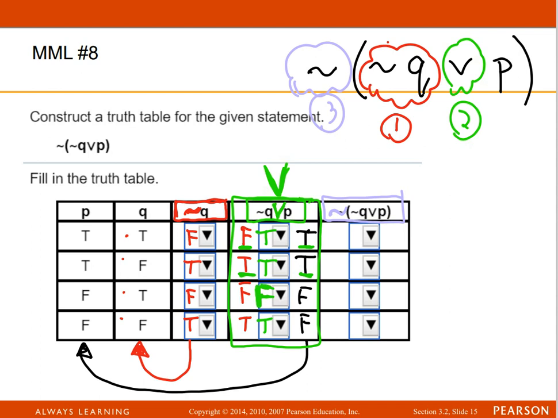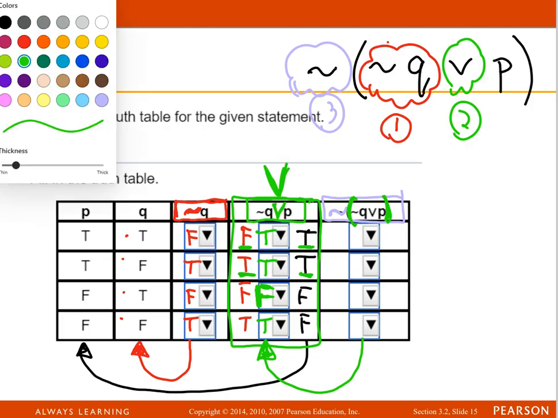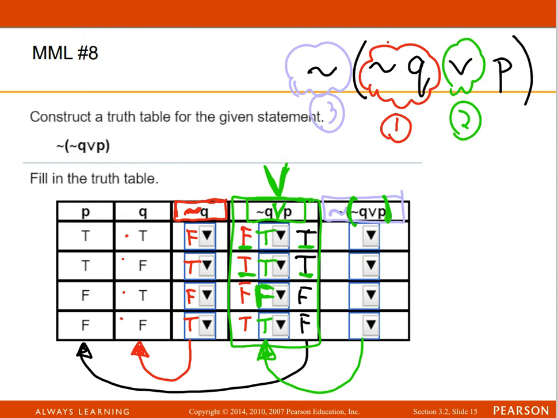And now, the last thing we're going to do is negate what I just did in the green right here, because you've got a negation of the negation of Q or P. And so that is this result in green. So I'm actually just going to look at this green column and then negate it with the purple to get the last set of drop-down boxes.